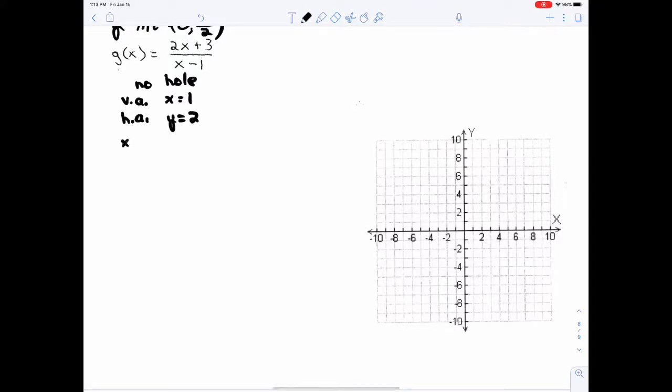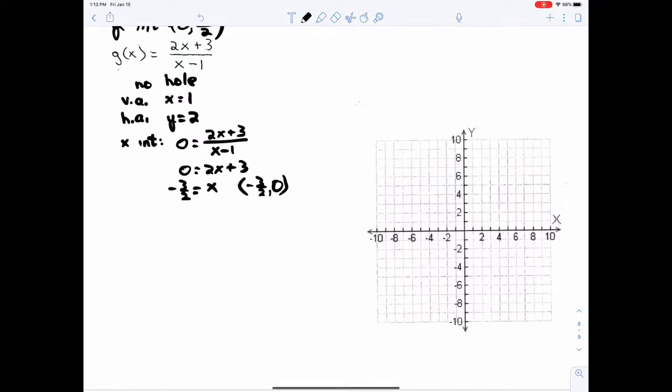The x-intercept, okay, we're going to put 0 in for y, and we get 2x plus 3 all over x minus 1. Clear the fraction, and we get 0 equals 2x plus 3, and x equals negative 3 halves. So we get negative 3 halves, 0. Okay, the y-intercept. If you stick 0 in for x, you'll get 3 over negative 1, which is negative 3.